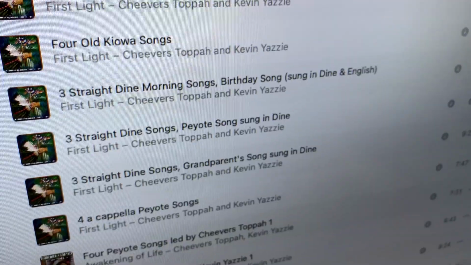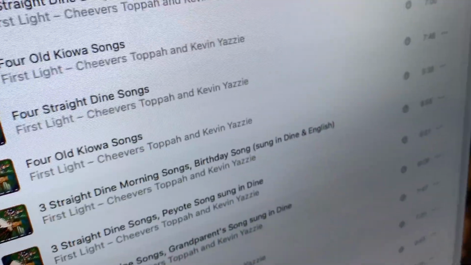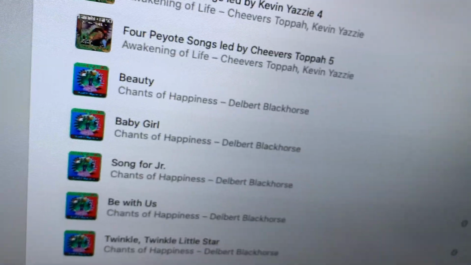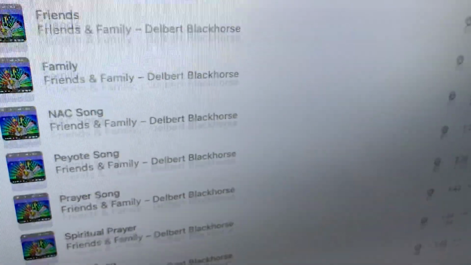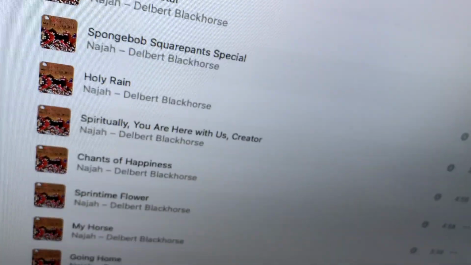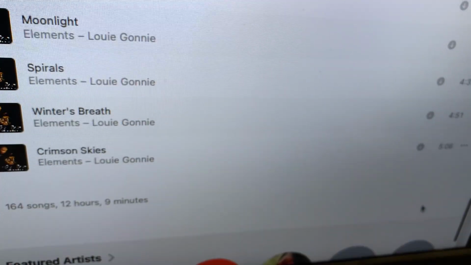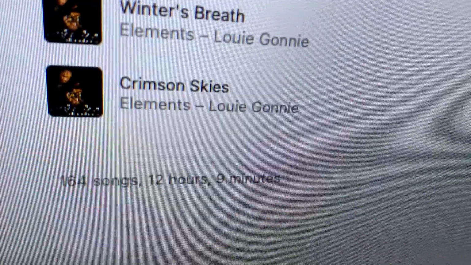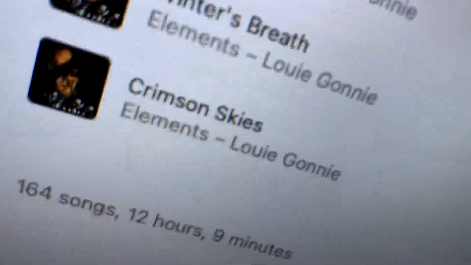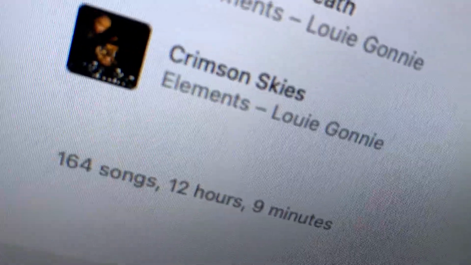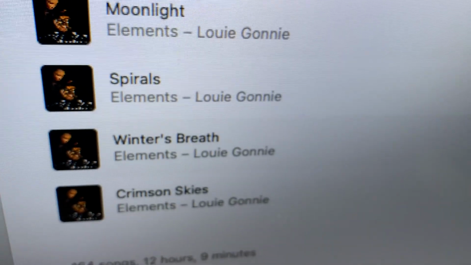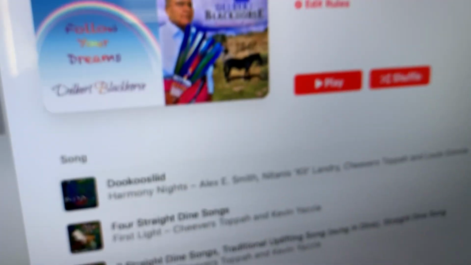And we also added some Kevin Yazzie and Chivers Topa, and so that's there, and this new stuff hasn't been recorded in the space-time travel communication coordinate set adjustments yet. I don't remember what the old number was, but it was somewhat less than 164 songs. So we need to record these changes.